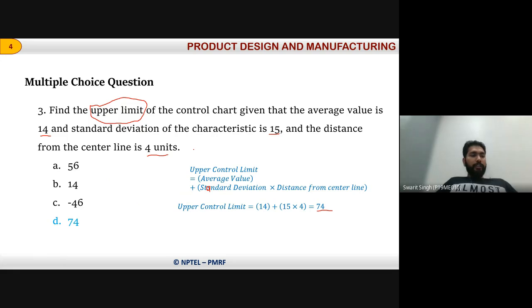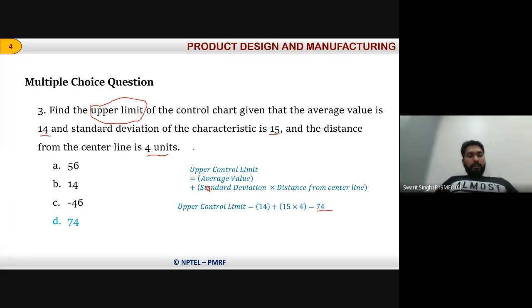The next question is also a numerical type question. I hope it is now clear to all how to find the upper control limit. It is elaborately discussed in the class, and the formula is given in the course content. This formula can be directly used for calculating the upper control limit. You can expect this kind of question in the examination.